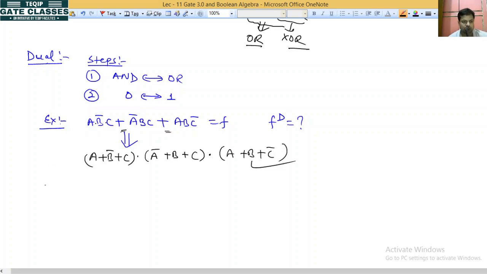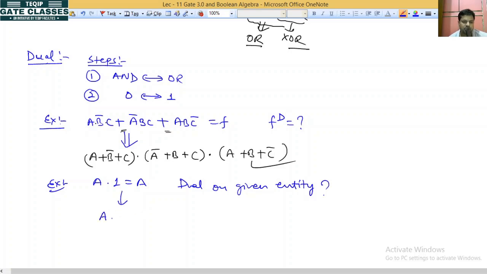Now I have one more question. Suppose I have a dot 1 equal to a, and I want to apply dual on this given identity. So what will be?